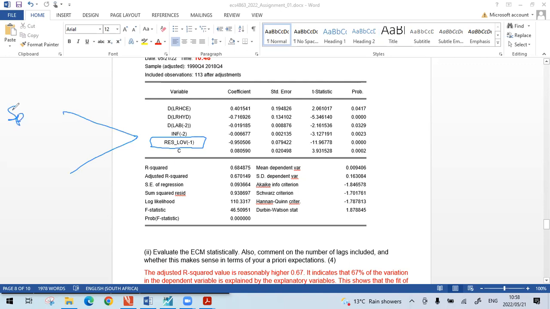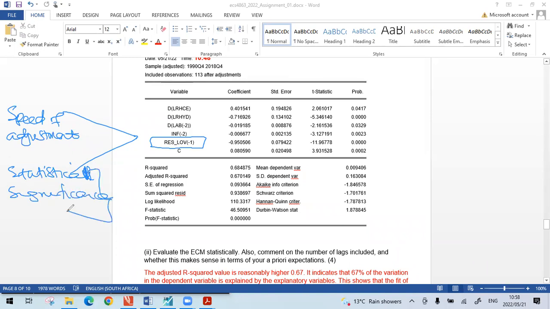Speed of adjustment. But before you look at the speed of adjustment, check the statistical significance.